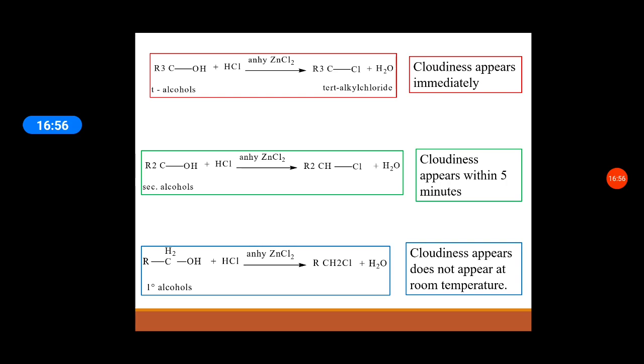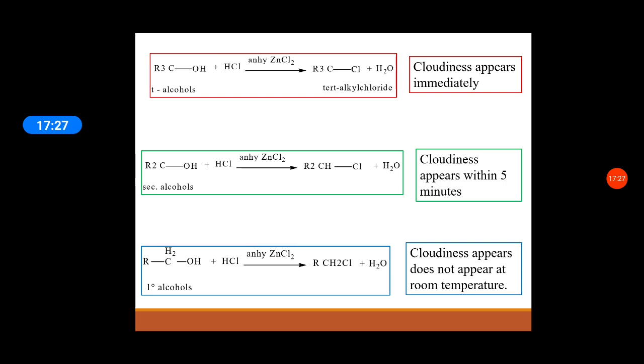So cloudiness or white turbidity appears immediately. But secondary alcohols have adjacent only two methyl groups, so the OH group removal is slow. So cloudiness appears within 5 minutes, slowly.